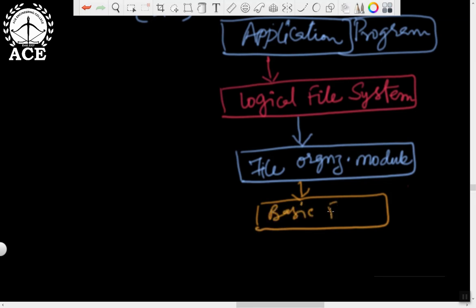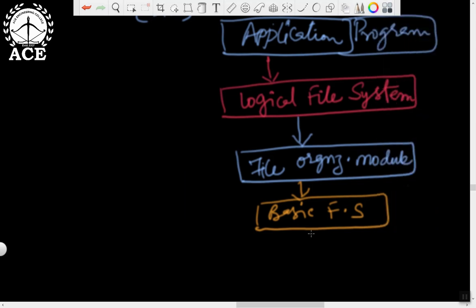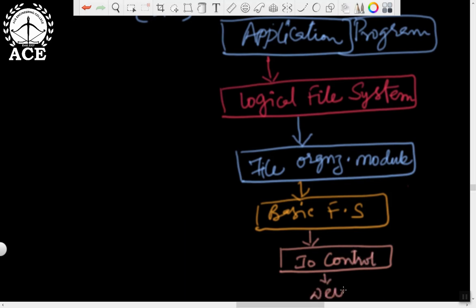Basic file system. And lastly, we have input output control, and beneath it we will have devices.